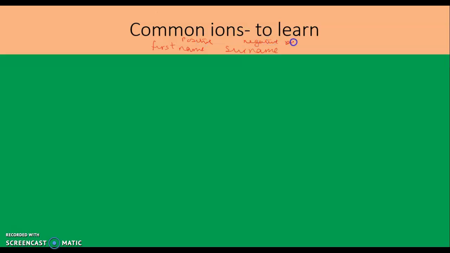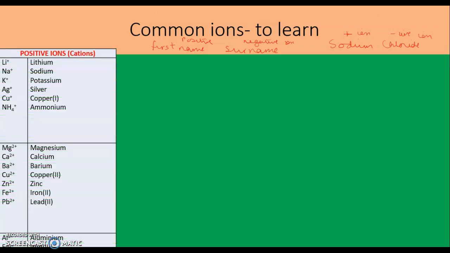So if I said the name sodium chloride, sodium is its first name, which is positive ion, and the chloride is the surname of the ionic compound, and that is its negative ion. So you got positive ion and negative ion. Now, these ions you'll have to memorize. So let's take a look at some of the ions here.